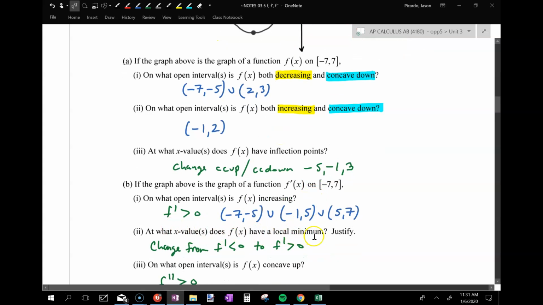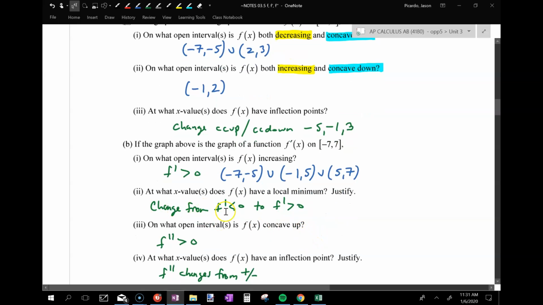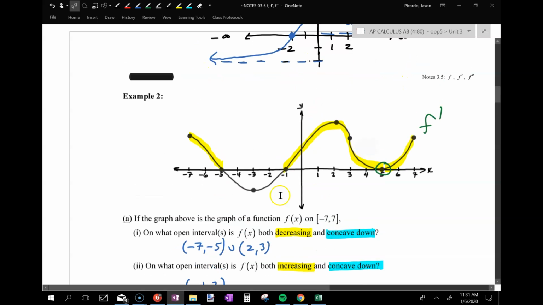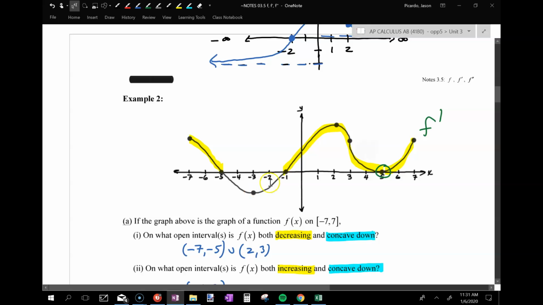Where do I have a local minimum? Well, where did I change from having a derivative less than 0 to greater than 0? Where did I change from being below to above the x-axis? Well, below to above, right here, correct? Anyplace else?